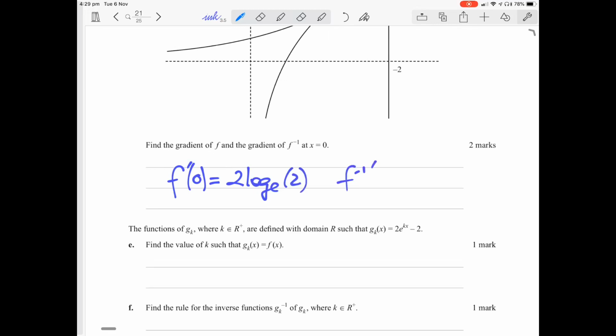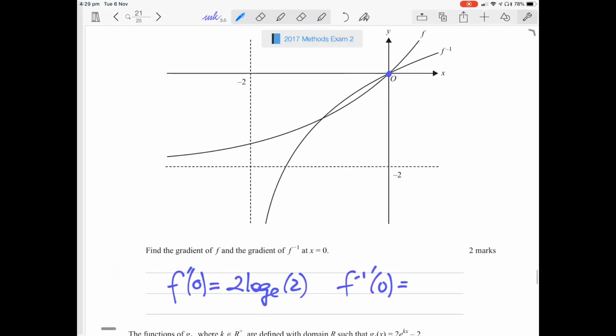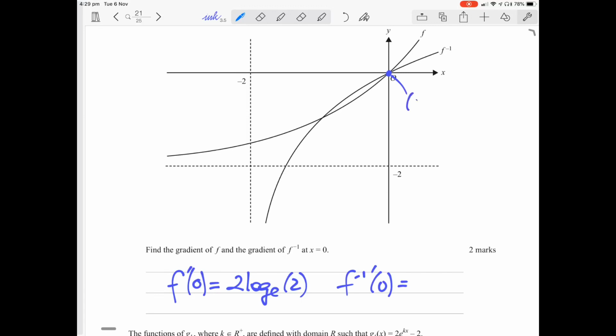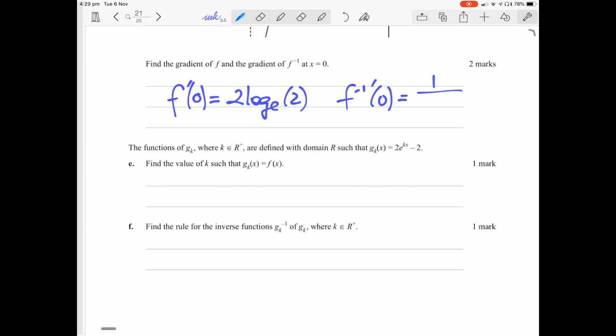And f inverse dash of 0 is going to be 1 on 2 log e 2, because we know they've got the same x and y value, so it's going to be 1 on it. But let's just prove me right. 1 on 2 log e 2, because when x equals 0, I've got (0, 0) on my original and (0, 0) on my inverse. So the gradients are going to have the property of being the reciprocal of the other.